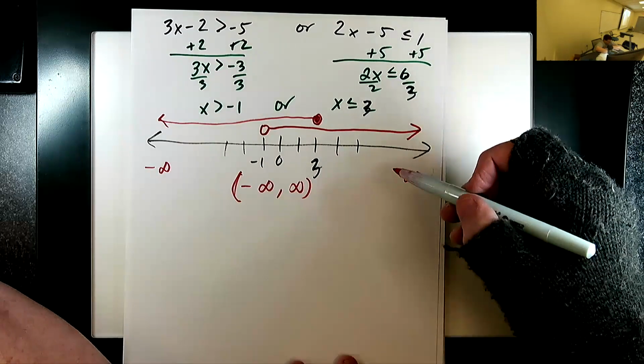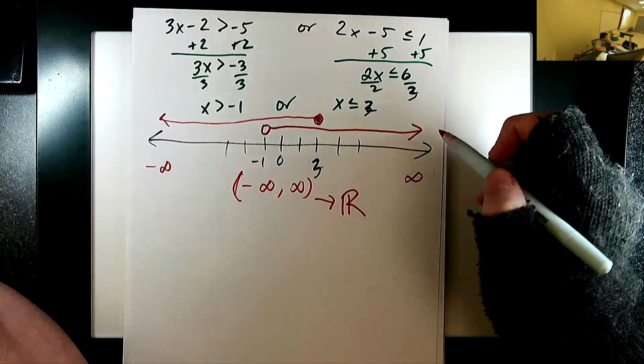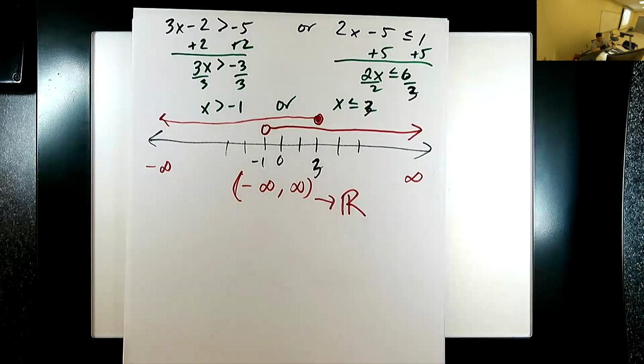So it's the entire number line. Another way of saying that is all real numbers. Any questions?